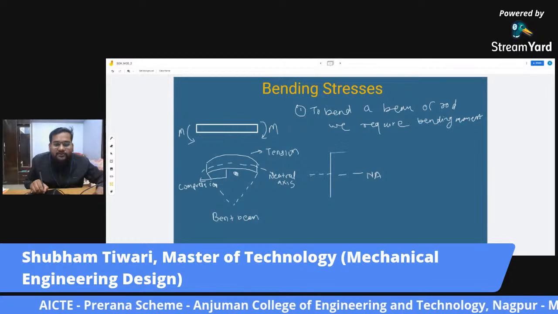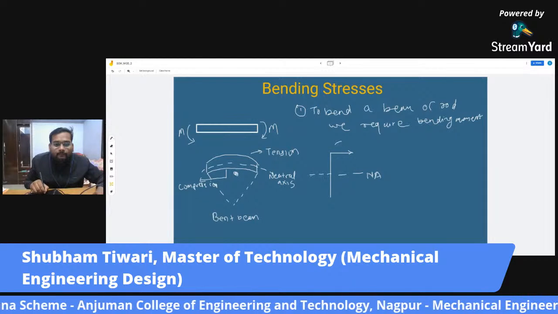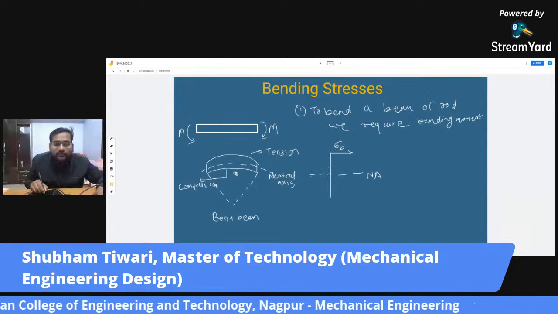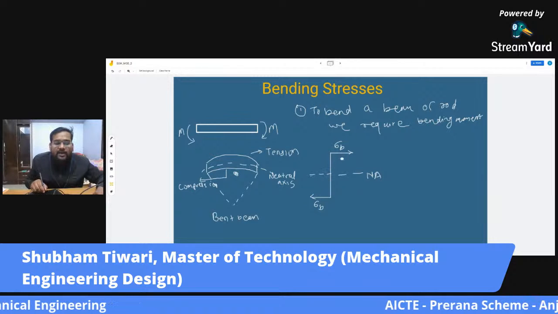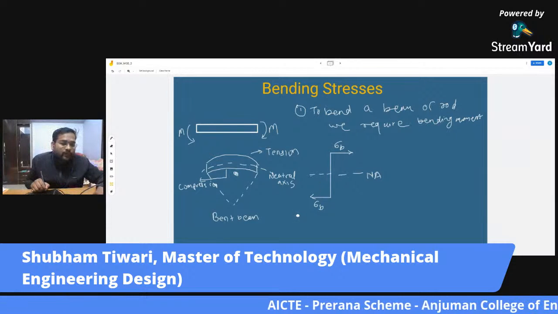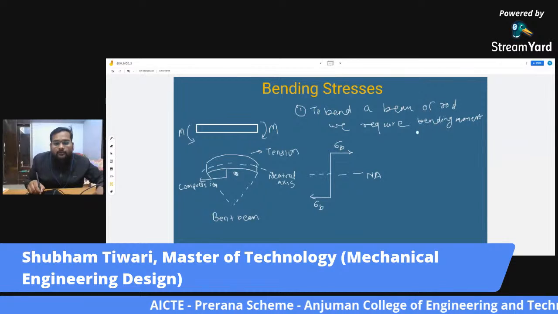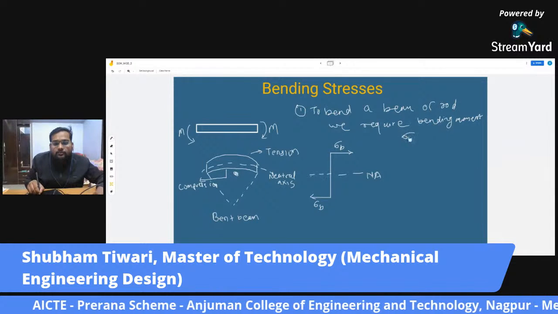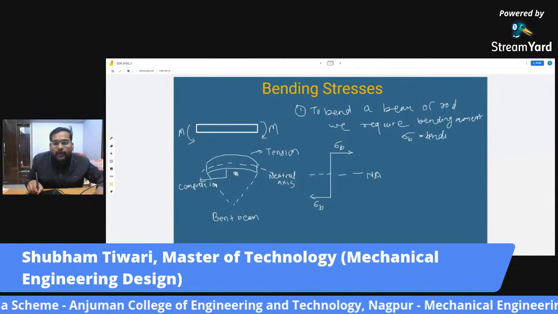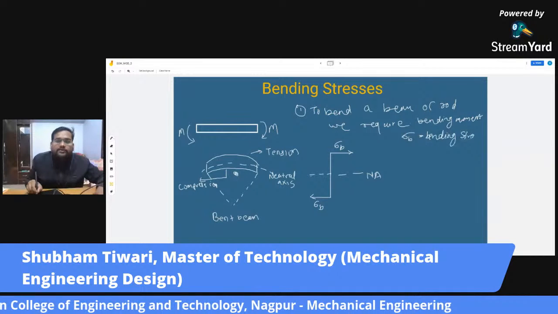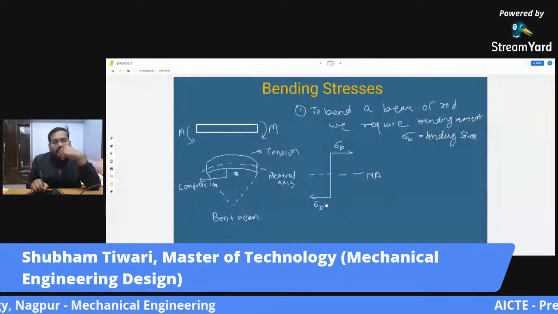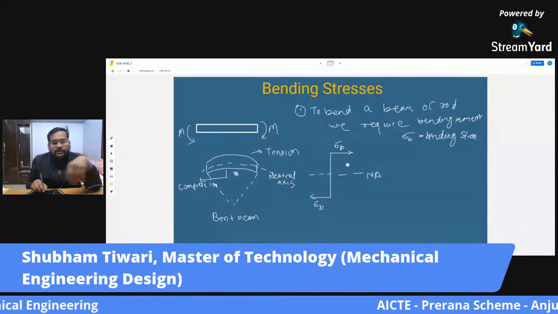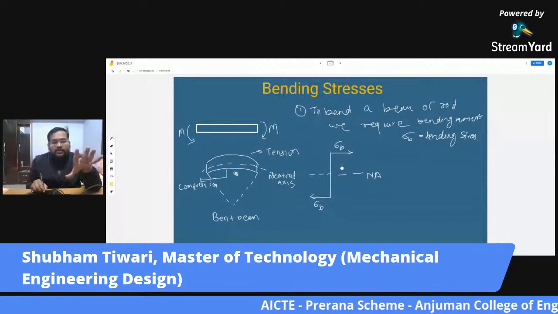Let us draw the stress distribution. Sigma b, this is bending stress, and this is also sigma b. The magnitude on both sides is going to remain the same. Now it is known that sigma b is a direct stress. It is not shear stress.